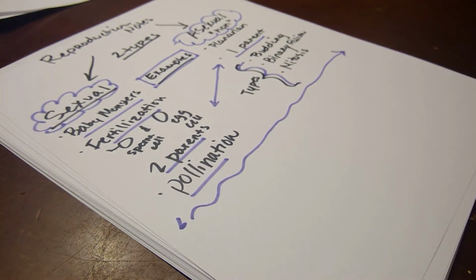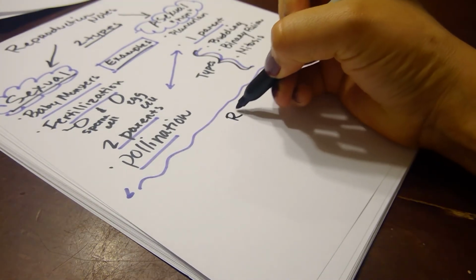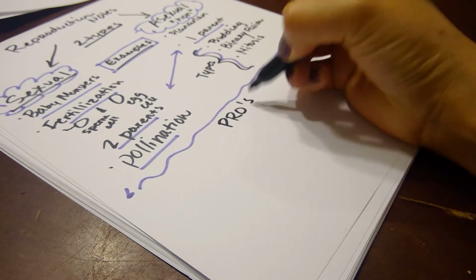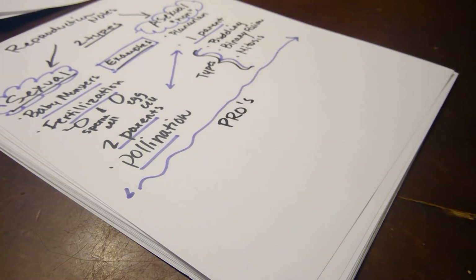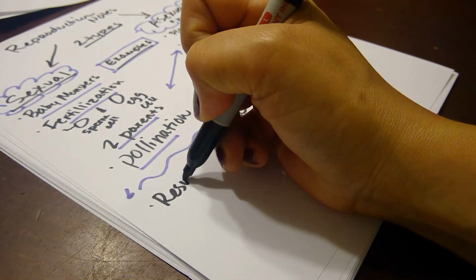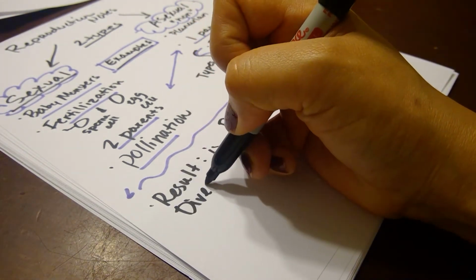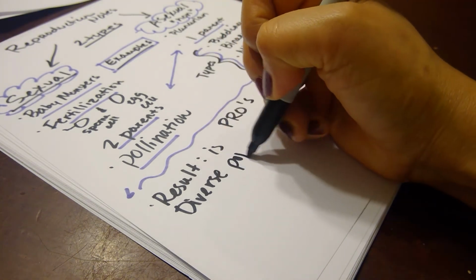All right, next up, we're going to talk about the pros and cons of each one. Okay, so let's go through the pros, like the benefits or the pluses. All right, for sexual reproduction, the result is diverse. There is a diverse population.